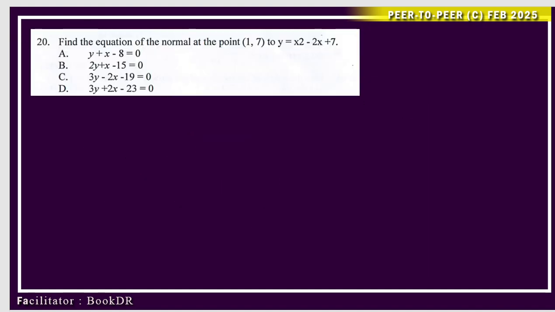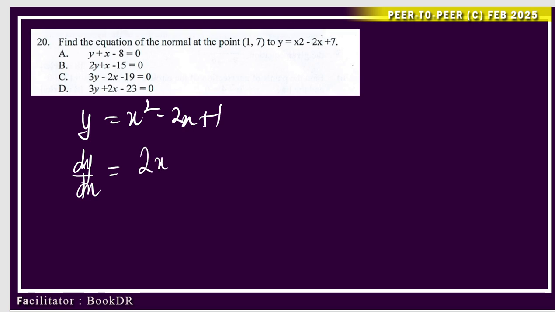Then we are finding the equation of the normal at the point 1, 7 to the curve. I think this is supposed to be x squared. So the curve is y is equal to x squared minus 2x plus 1. Good. So we have to find dy dx. So we have 2x minus 2. So this is the gradient function.